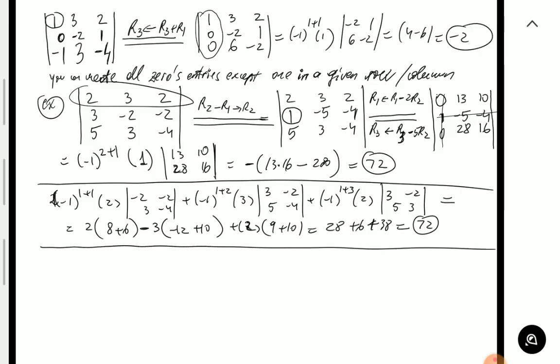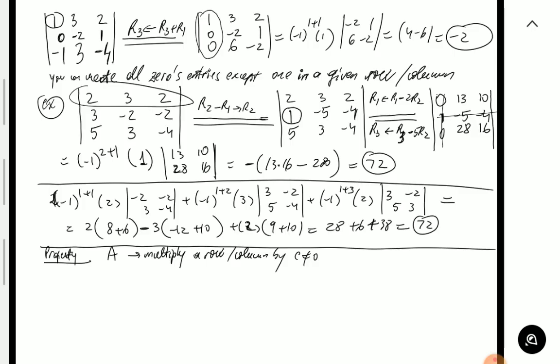All right, so another row, actually there is another operation I should mention here. So another property that I forgot to mention. So let's say you have a matrix A, and then you multiply a row or column by a number, let's say C not equal to 0.